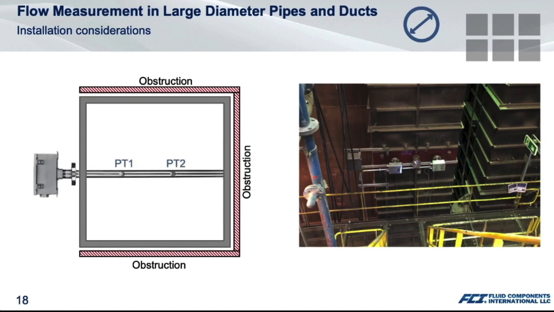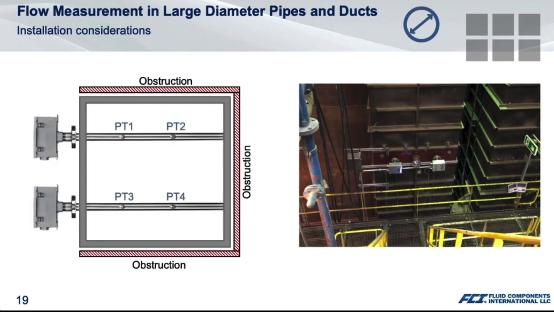If we need to have 2 points, we can utilize a mast-type flow element, having 2 points on one probe. As shown on this illustration, the probe is inserted from one side of the pipe. And what would we do if we need 4-point measurement?